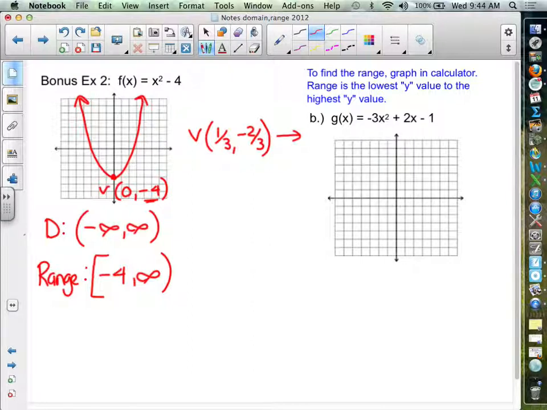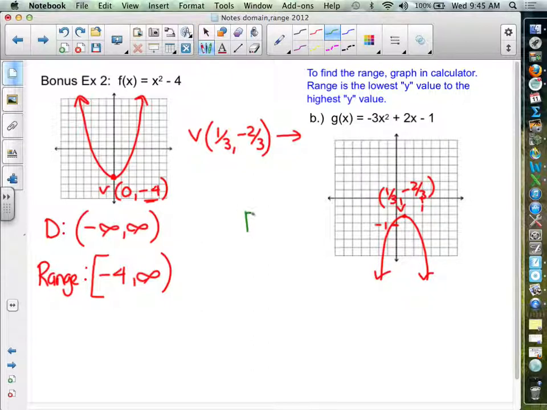So that's my vertex for this example B. So let's go through and plot that point then. So let's make that 1 there. So 1/3 would be here, and then we'll make this -1 and -2/3. So there's my vertex. The parabola opened downward. So that's kind of the graph I'm looking at here. The vertex was (1/3, -2/3).